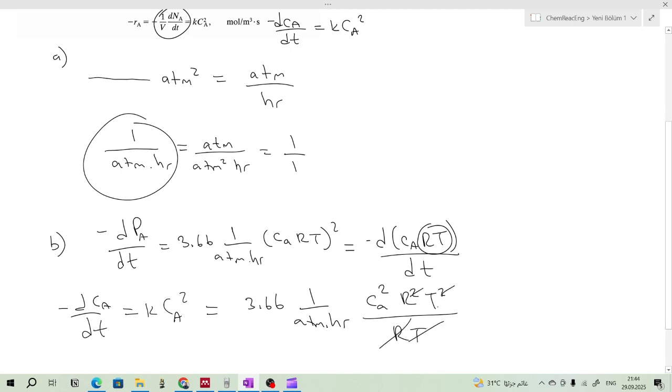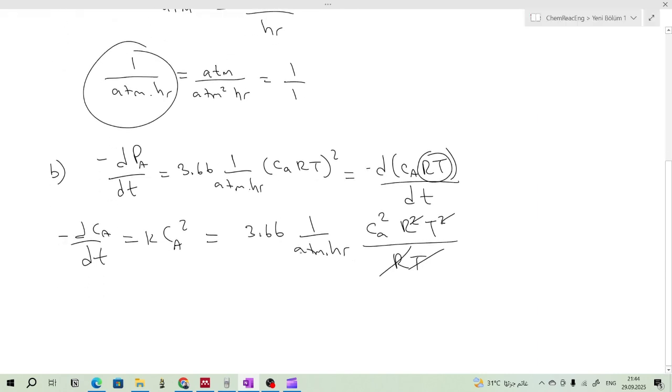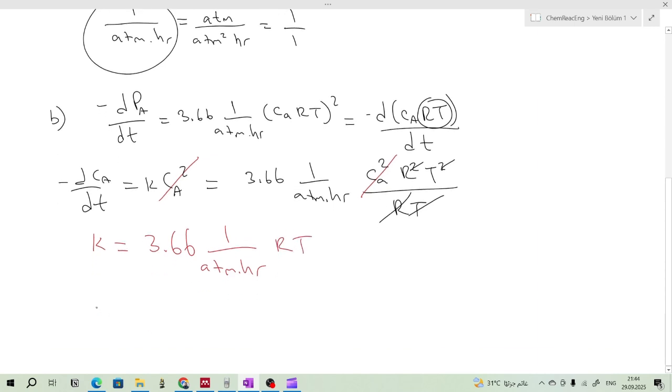You have C_A squared RT. If you rearrange and cancel, you have C_A squared here and another C_A squared. So this k is nothing but this coefficient multiplied by RT.